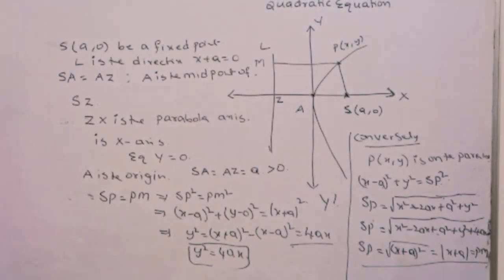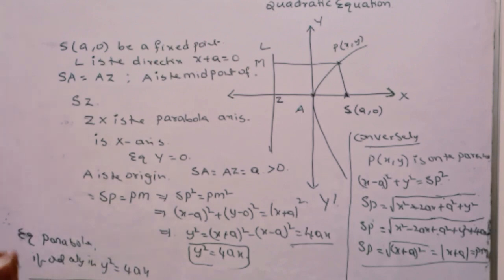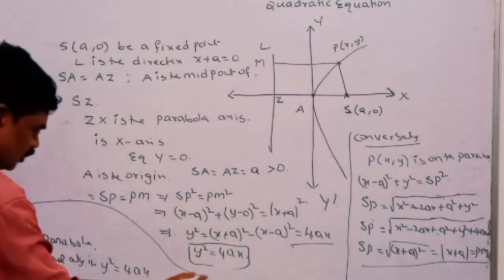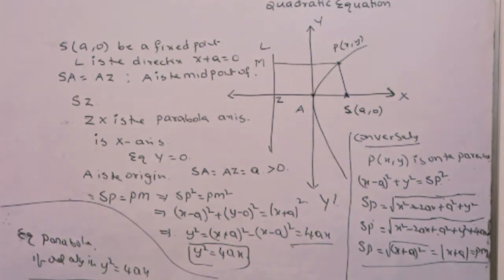Therefore we can write: y square is equal to 4ax is the equation of the parabola if and only if SP is equal to PM.